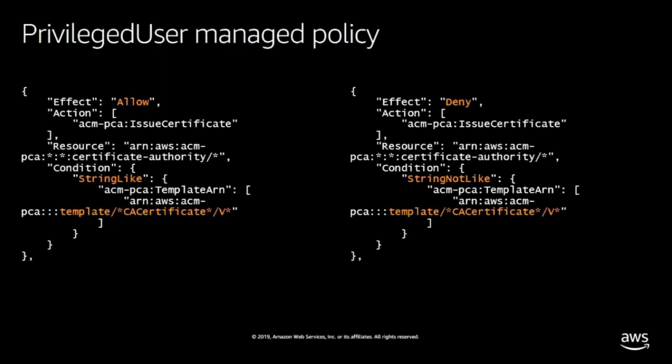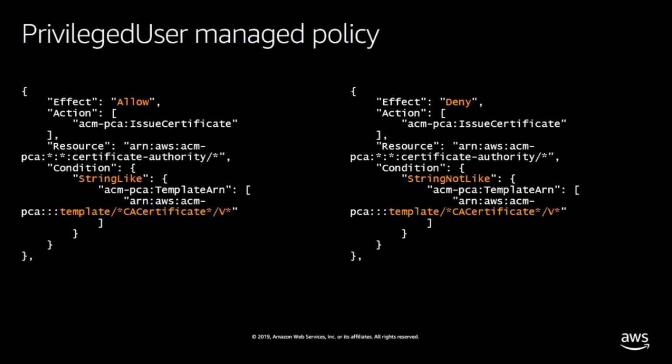So this policy has 2 clauses. There's an allow policy and a deny policy. What the allow policy says is to allow issue certificate on this wildcard, the star asterisk meaning any certificate authority. And there's a condition here which requires that the template that is used to issue the certificate has to be a CA certificate template.